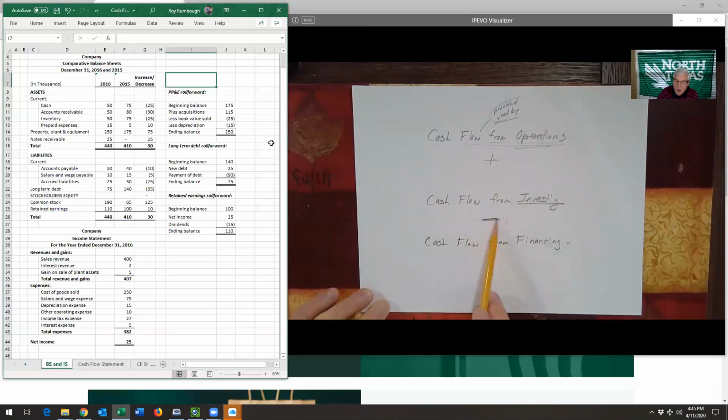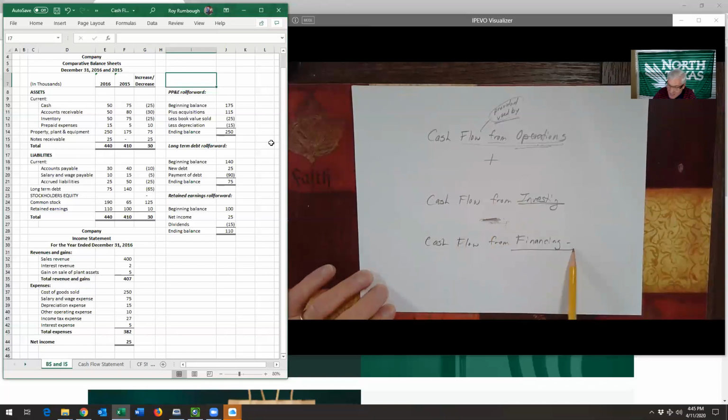So if you need to do maintenance on significant improvements to your operations and your long-term assets, that will be in investing as well. Remember, anything that is capitalized, back to our property, plant, and equipment chapter, if it's capitalized, we're going to debit the asset. It's going to be a long-term asset. So any change in long-term assets go into the investing.